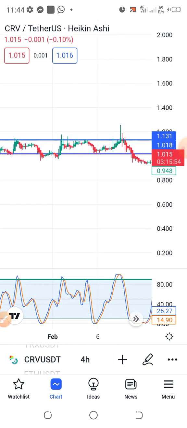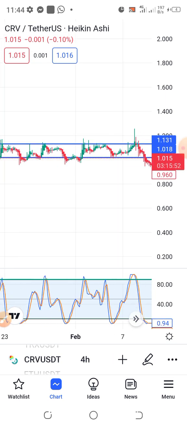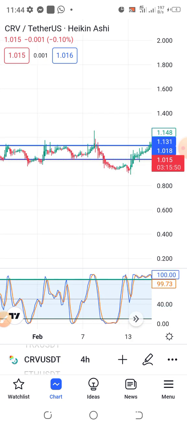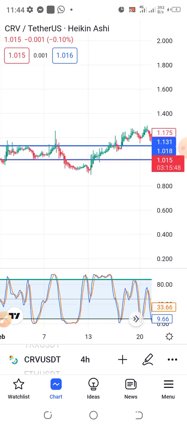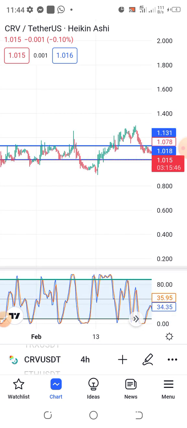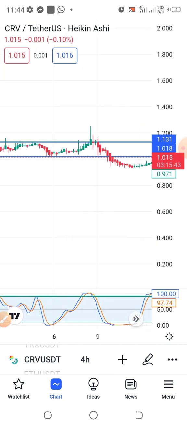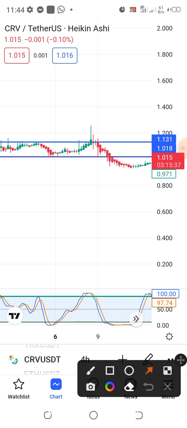We consider the breakout here. You see this candle closed above the line, and then you wait for the green candle to form, and then you enter. So after the breakout you can enter as well, it's okay. If you can wait for the green candle still, it's okay.